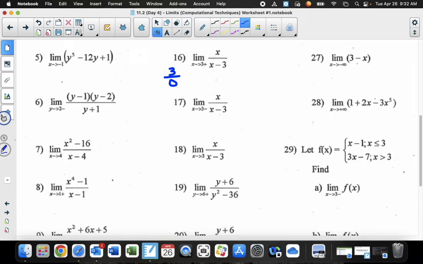We take a number like on number 16. If we're approaching 3 from the right, take a number that's a little bit bigger than 3 and see what you get, positive or negative. So for example, let's say I take 3.1. I'd have a positive over, it's fine too, I'm just trying to take something that's a little closer. Okay? All you care about is positive or negative.